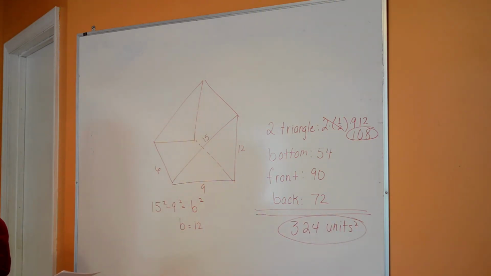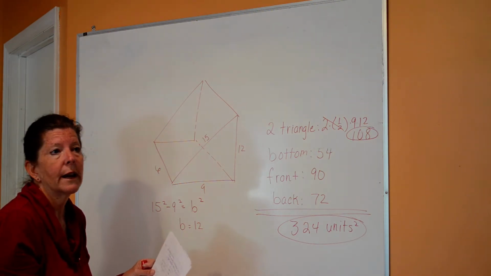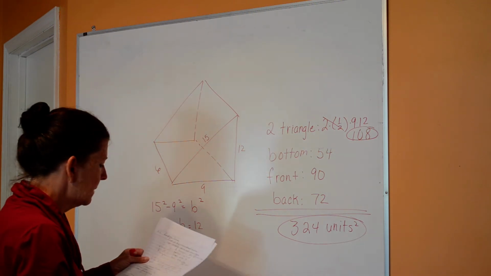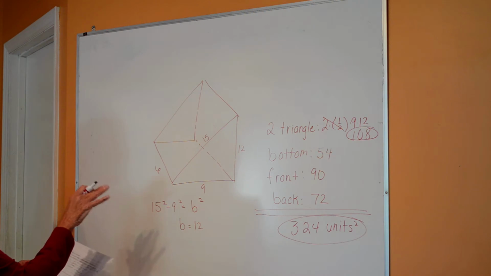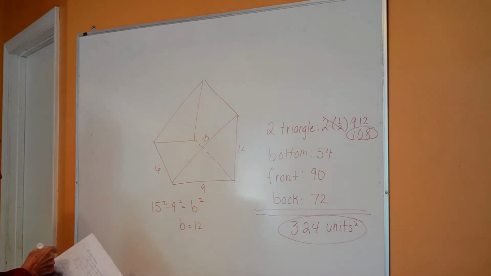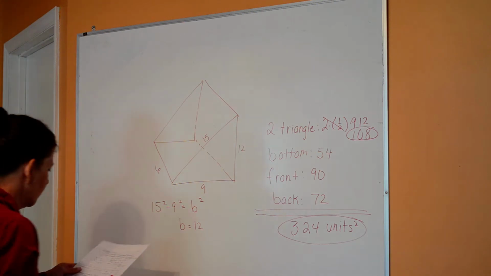Now we learned how to do it later, a much easier way, where we found the lateral area and then added in the bases. It works here, but we didn't know how to do it yet in this particular section, but obviously you can use it now anytime it's applicable.